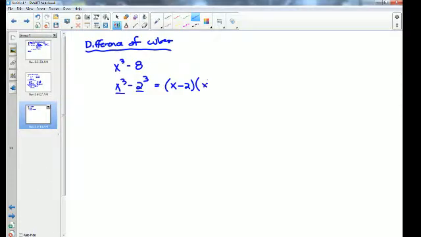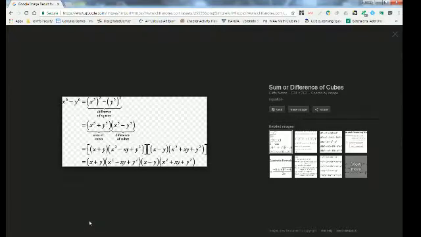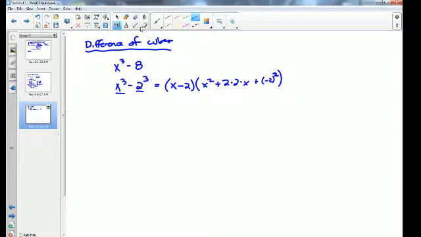And then x squared plus 2 times x, and then plus negative 2 squared. So, let's see here. Make sure that's right. Nope, it's just xy. Okay, erase one of those 2's.